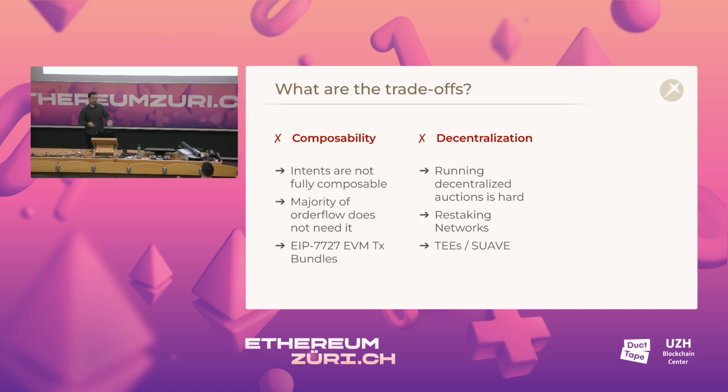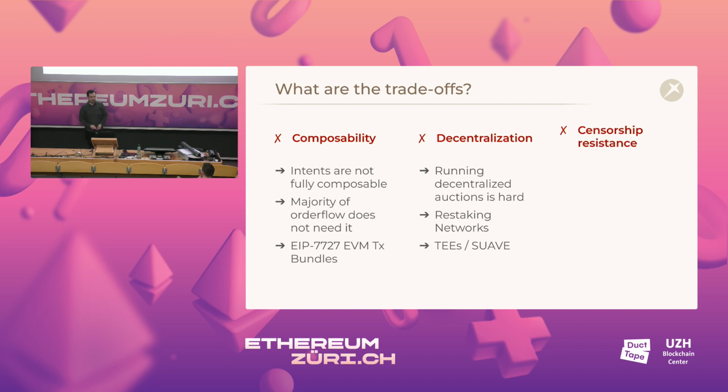There are other solutions that don't necessarily decentralize, but at least reduce the trust assumptions: put all the auction logic in a TEE, let it run, and you trust it. For most people this is okay right now. But you can also use networks of TEEs like SUAVE to help decentralize these protocols.